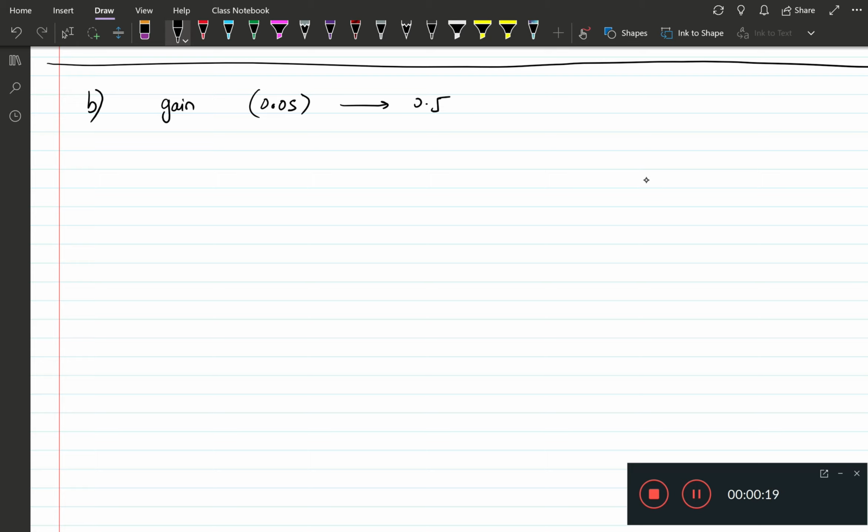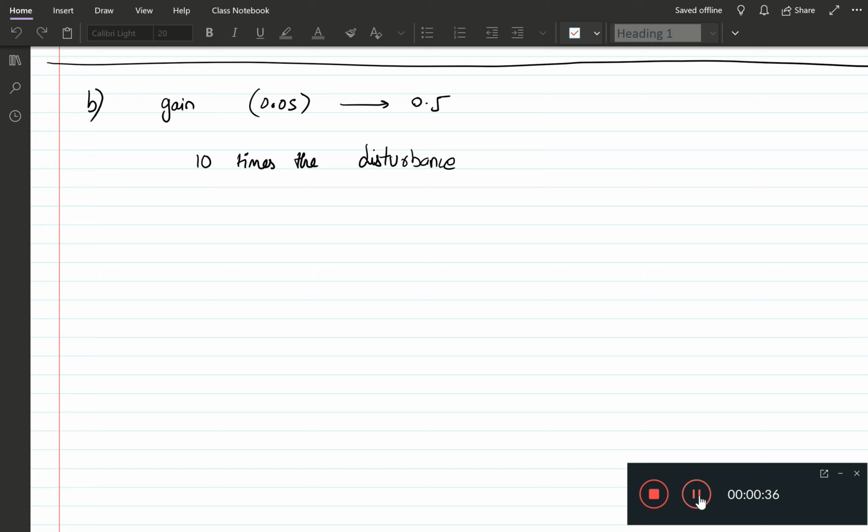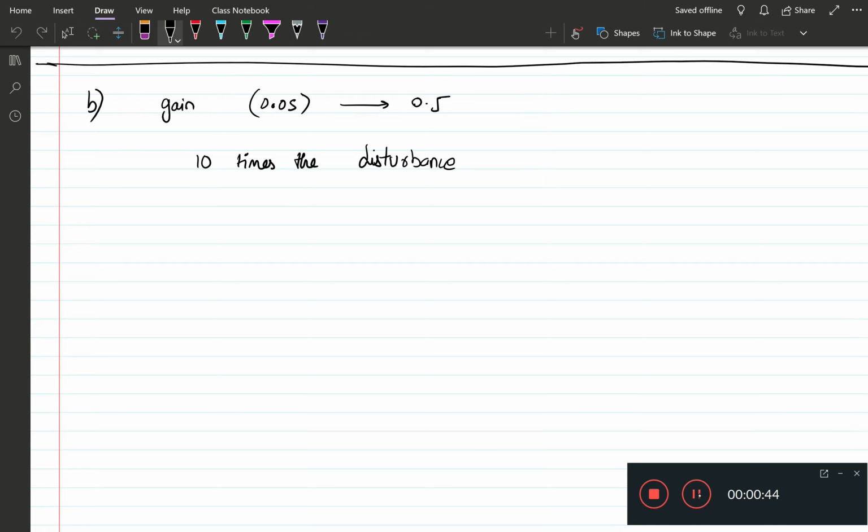Yes, or in other words, now we have 10 times the disturbance. So for these requirements I should say that the design, it seems impossible to find a controller that achieves all the control objectives.